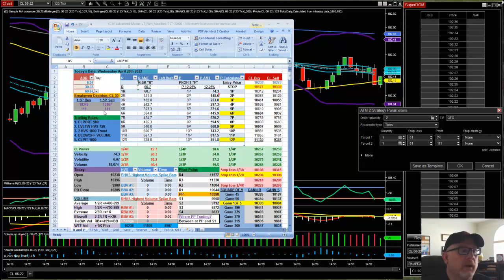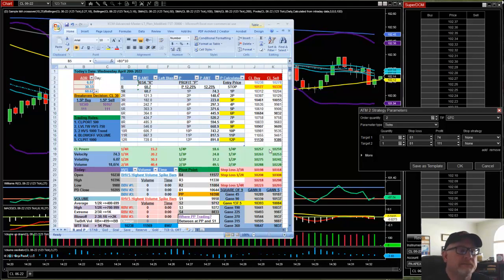So 74 being the 1P and 111 being the 1.5P. That's about 185 max profit today if it had run the targets, and I wouldn't have taken 61.